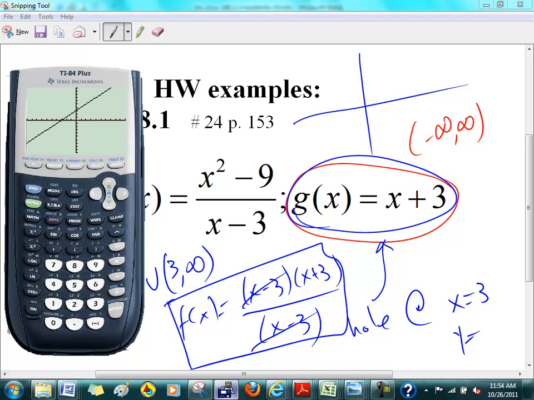So if x is 3, then y has got to be 6. So your hole is at 3, 6. Because your simplified equation is this, right? You can see right there. So if you put 3 in there, you get a 6. Okay? So your hole is at 3, 6. Is everybody okay? So everybody all right on this?